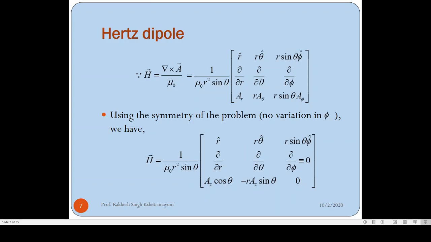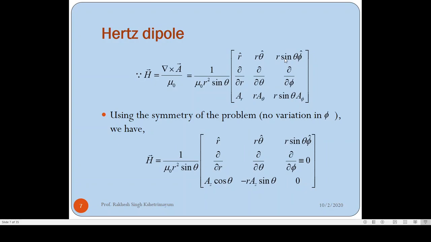What are the scale factors for the spherical coordinate system? 1, r, r sin theta. When you multiply all of them, you get r squared sin theta. Then you have r hat with scale factor 1, theta hat with scale factor 2, phi hat with scale factor 3. So scale factor 1 is 1, scale factor 2 is r, scale factor 3 is r sin theta.